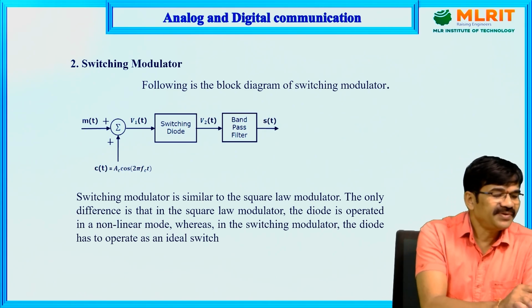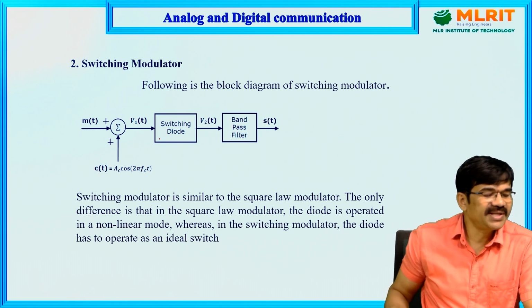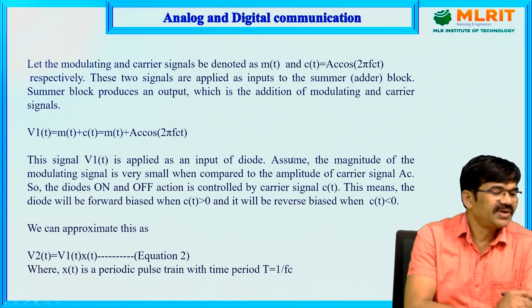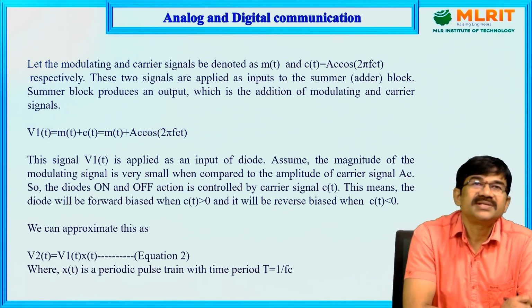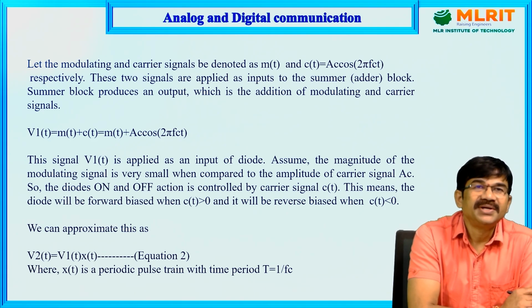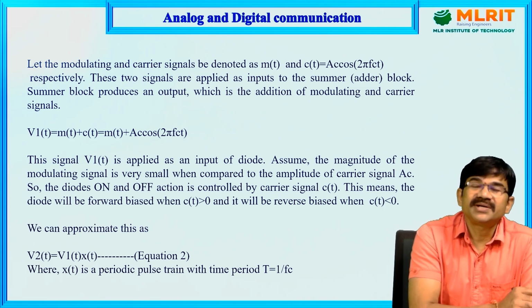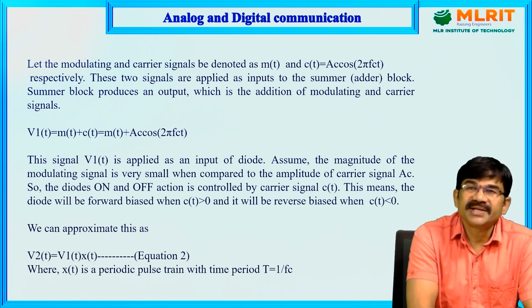So V1 of t is nothing but m of t plus Ac cos 2 pi fc t, that is applied to the switching diode. The expression I am representing is V1 of t equals m of t plus c of t.